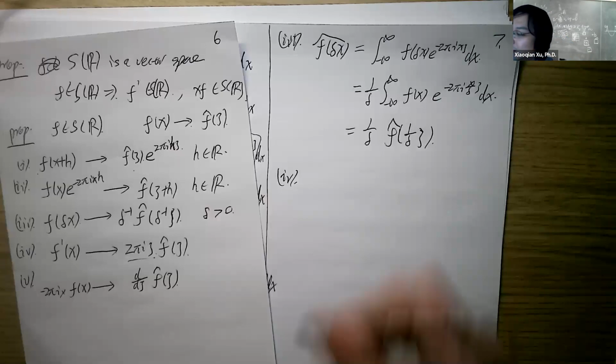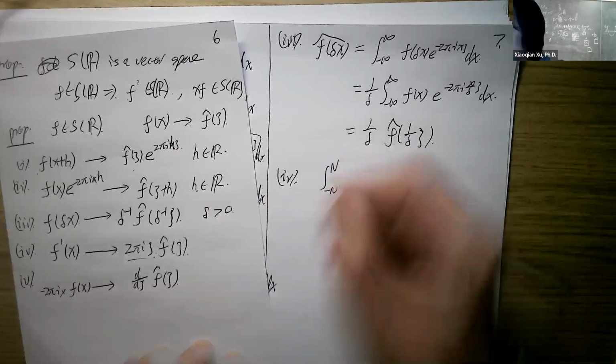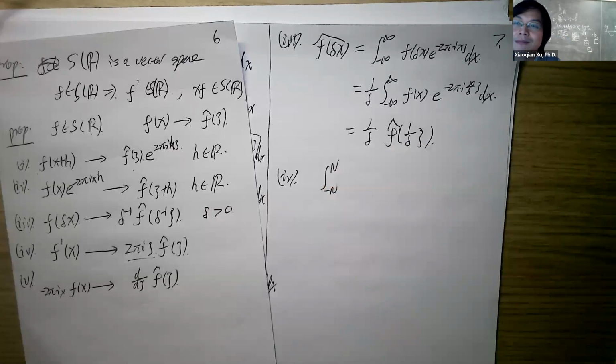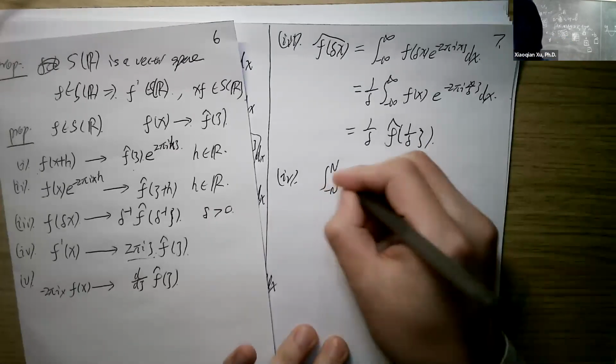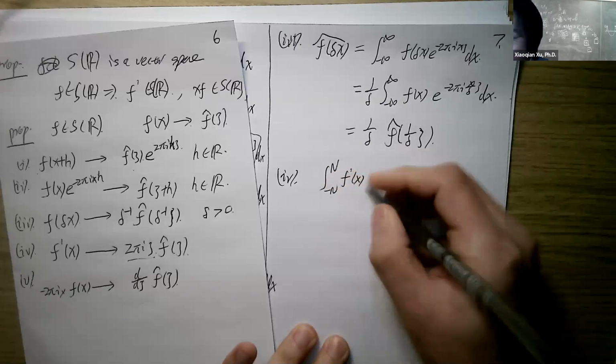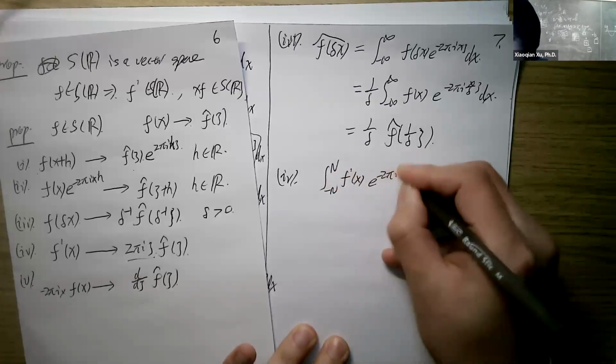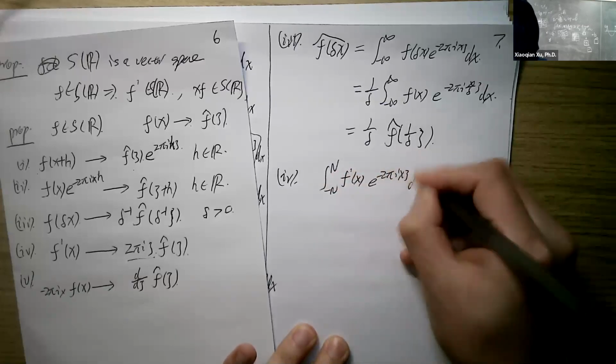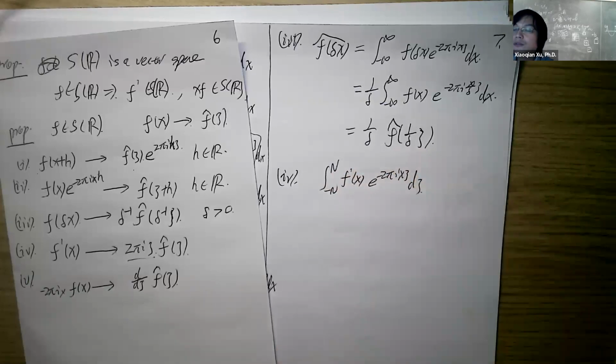Instead, let's take the integral from minus N to N, and then eventually we take the limit, okay? So it's the integral of f prime of x e to the minus 2 pi i x xi dx. When N goes to infinity, it is the Fourier transform of f prime, okay?